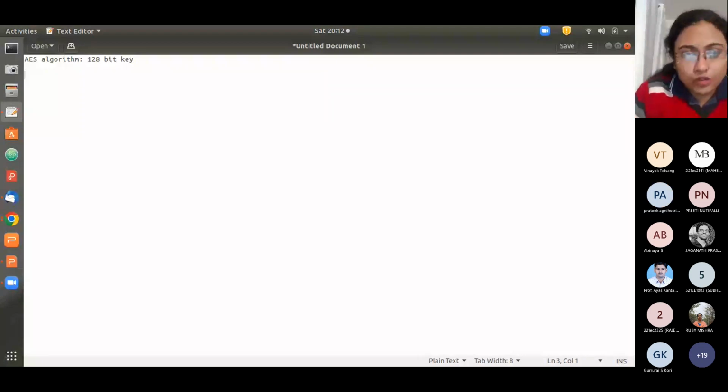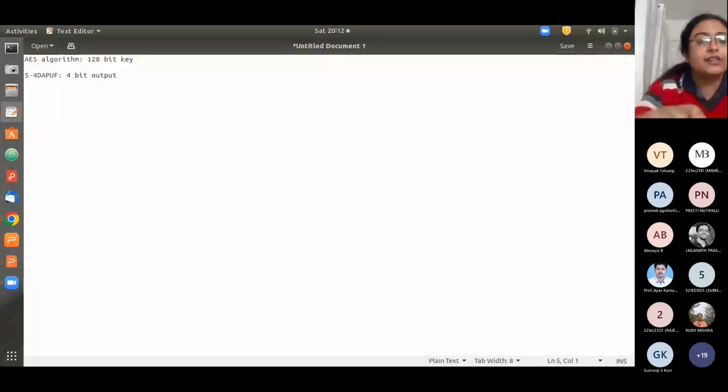Okay. So now the construction that I have just shown you has a 4-bit output, right? Do you agree? Yes, ma'am. Now somehow we have to expand this to get this 128-bit key. What I am telling is that you take an LFSR which is 64-bit.